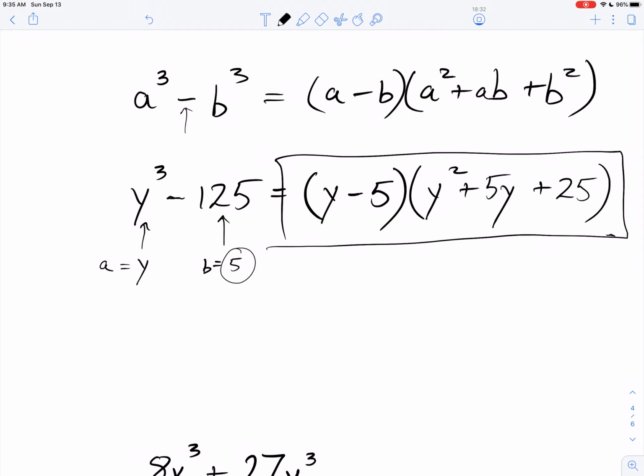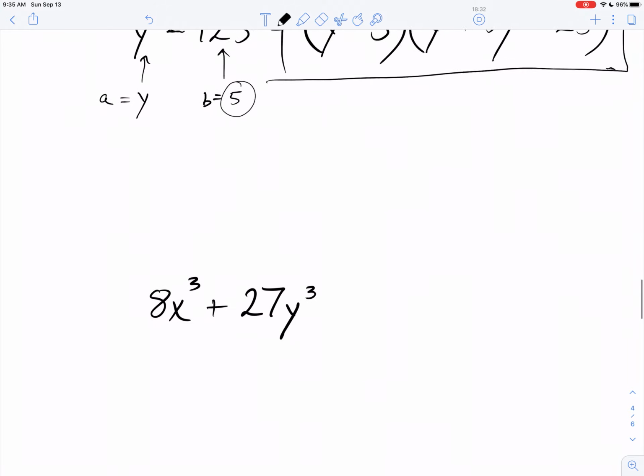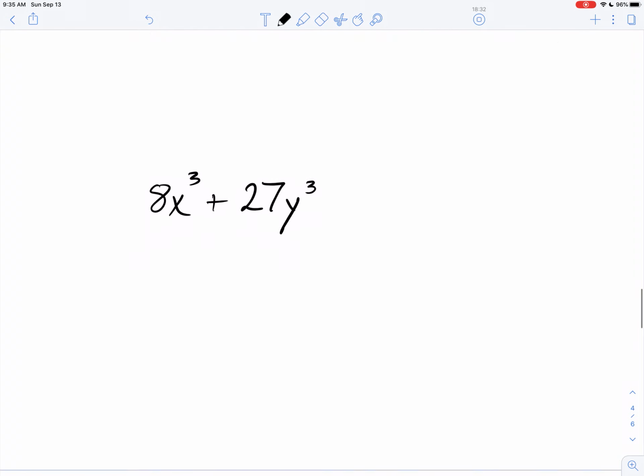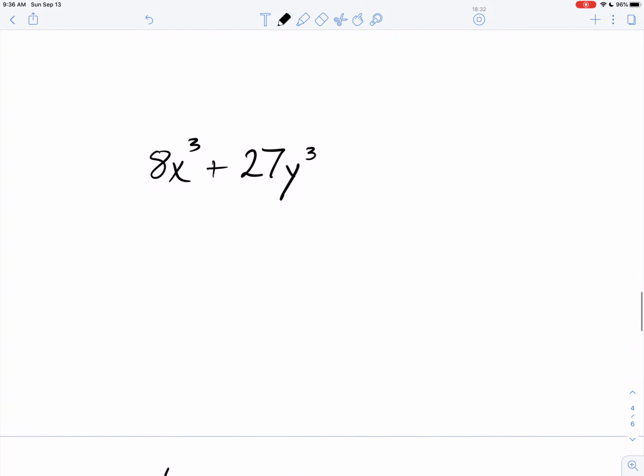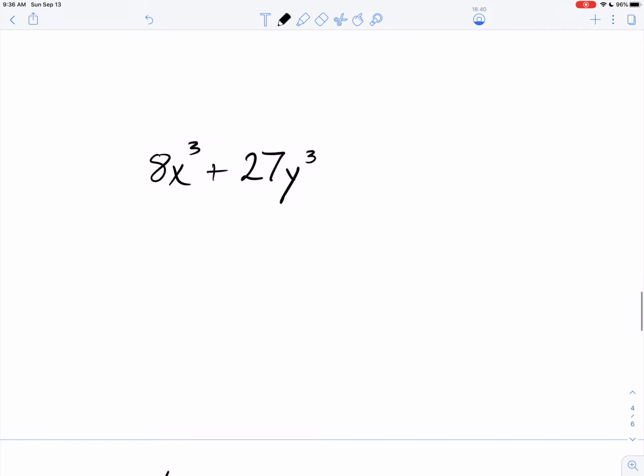Now, I made up another one that looks a little bit spookier, but it's not. It's not that bad. This is the sum of 2 cubes. So once again, I'm writing out the formula every time. It's going to get burned into my brain if I keep doing this.